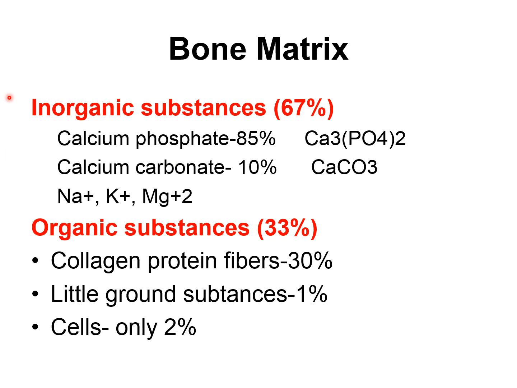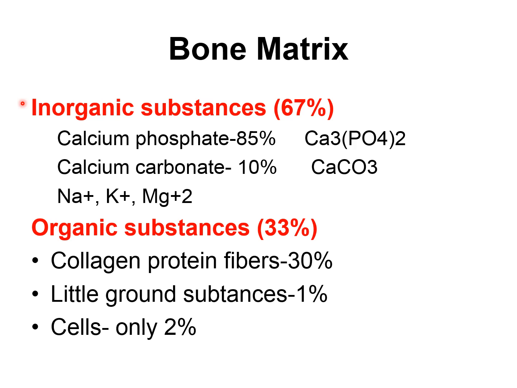The organic substances are strong and flexible; they are mostly protein in the form of collagen, and the cells. Collagen protein fibers make about 30% of the bone organic substances.